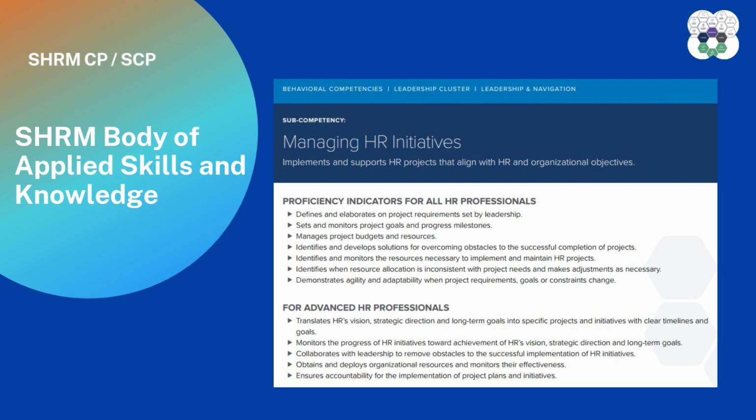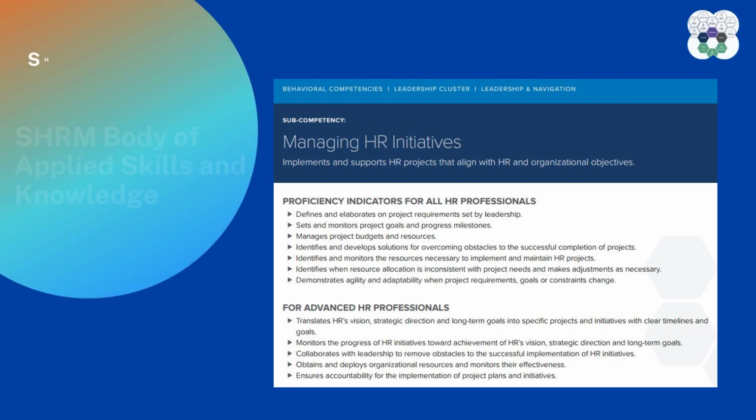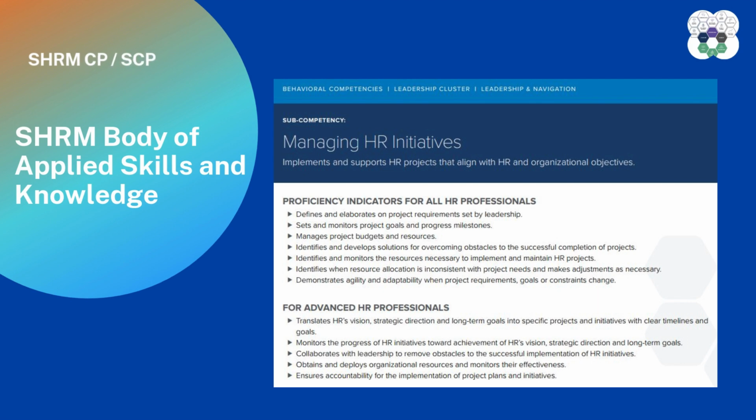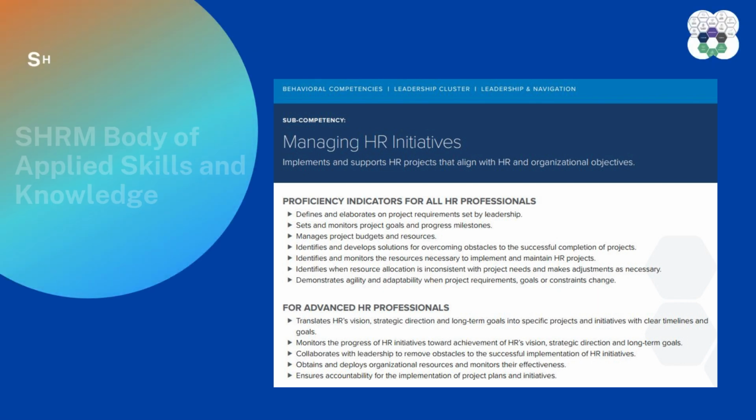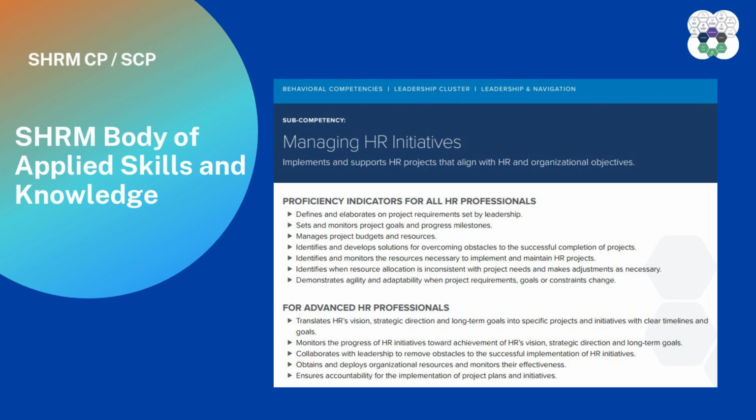SHRM competency. Managing HR initiatives. Implements and supports HR projects that align with HR and organizational objectives. Proficiency indicators for all HR professionals. Defines and elaborates on project requirements set by leadership. Sets and monitors project goals and progress milestones. Manages project budgets and resources.